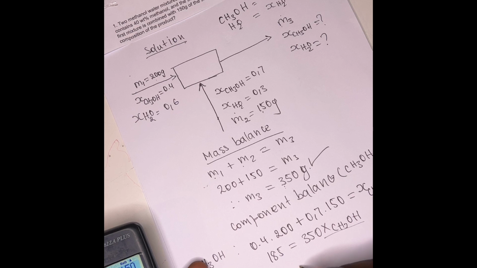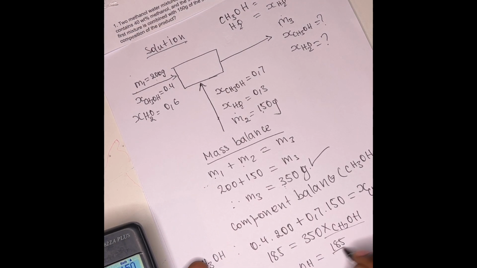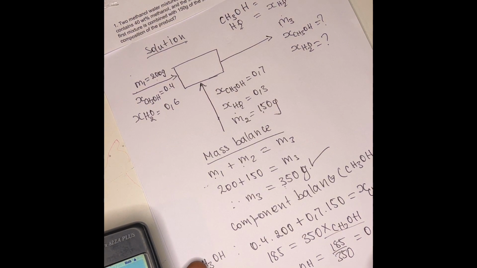So we're going to have 185 divided by 350. You guys are going to find something like 0.528. If you want, you can just round off. It is equal to 0.53.